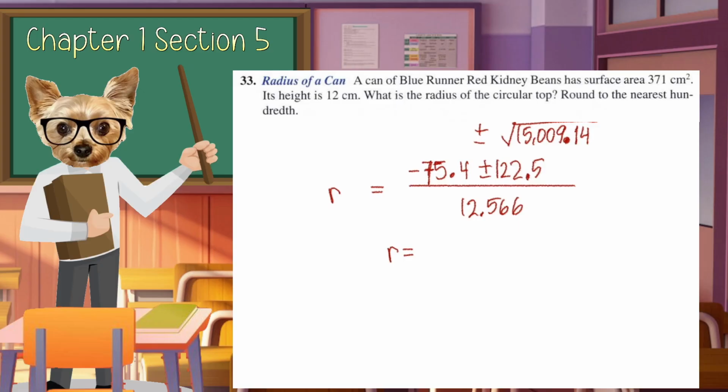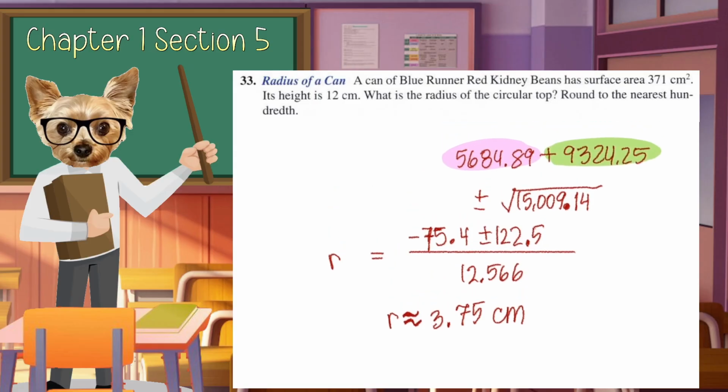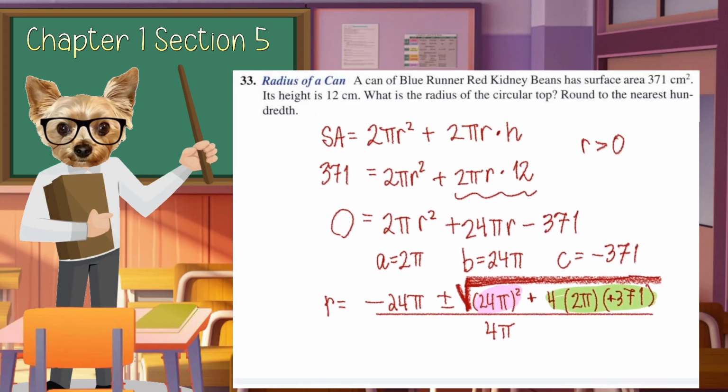I'm sure every chemistry and physics teacher is cringing at my lack of proper scientific notation. R equals about 3.75. I think it was centimeters, right? Centimeters.